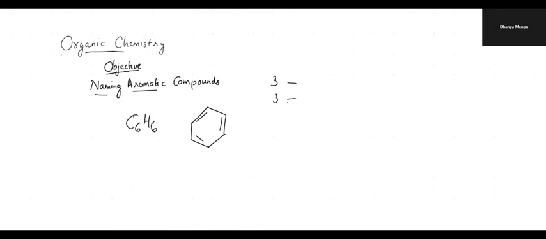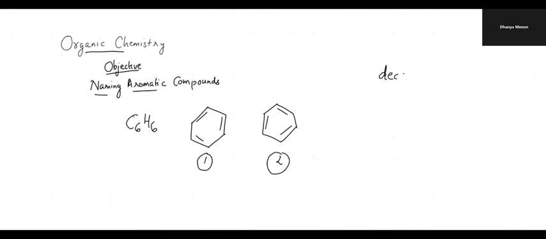Now, the benzene ring can also be denoted like this, where the double bonds take a different position than structure 1. This is structure 1 and this is structure 2. That means these double bonds are delocalized.